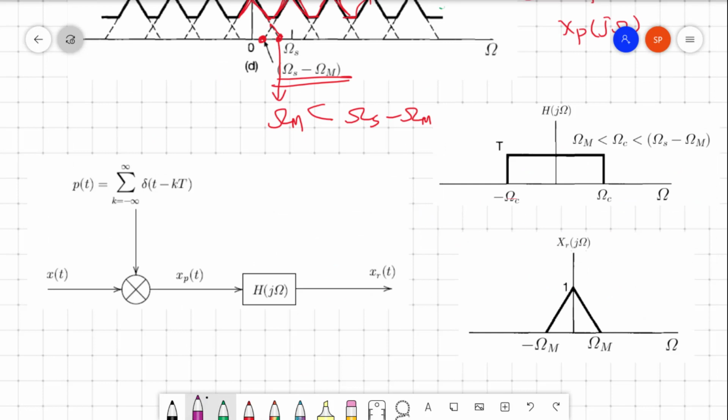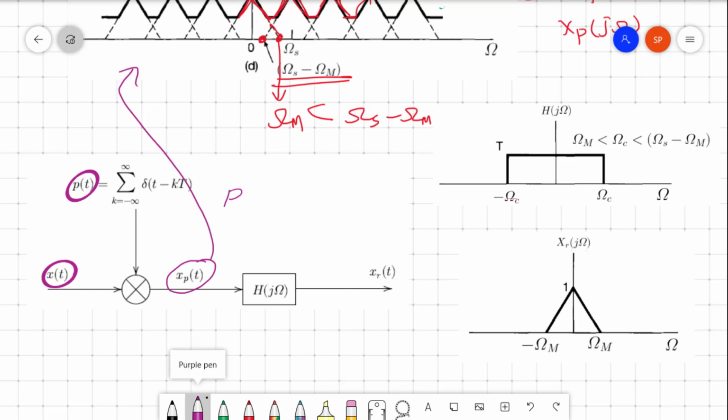So we can summarize the operations that happened here using this block diagram. We have a signal x of t. When we multiply that signal x of t with an impulse train p of t, which is given by the summation k varies from minus infinity to plus infinity delta of t minus kT, we will get xp of t. The spectrum of the sampled signal contains replicas, and we need to extract the original signal spectrum, that is X of j omega, from these replicas.